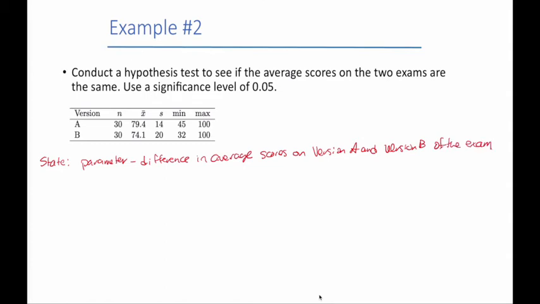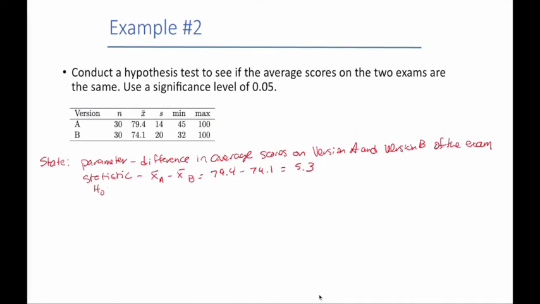Our statistic is going to be X bar A minus X bar B. X bar A was 79.4, X bar B was 74.1, which is a difference of 5.3.